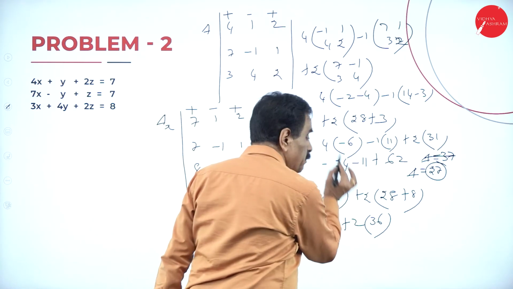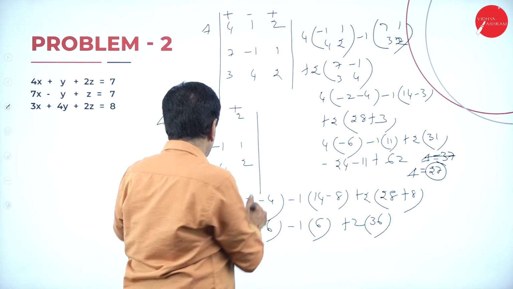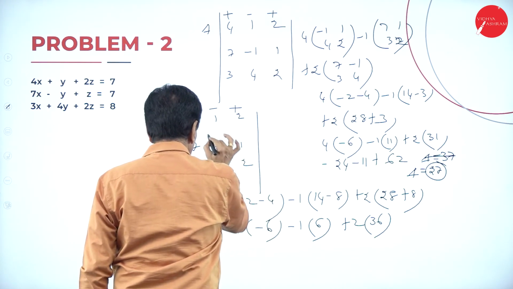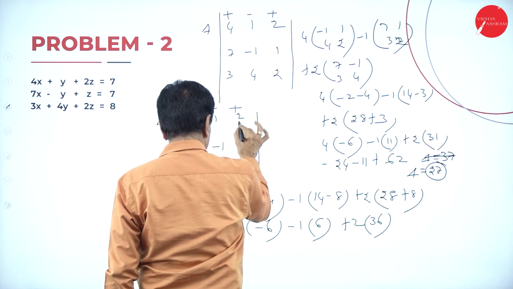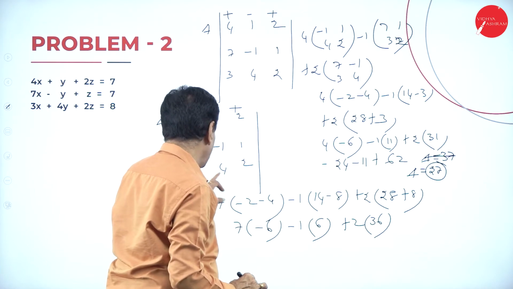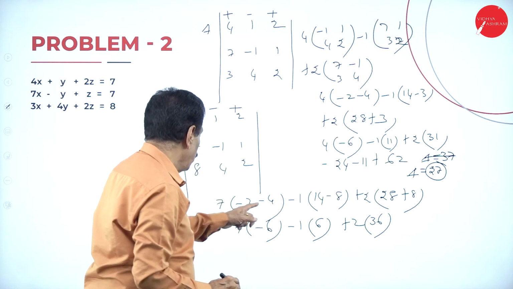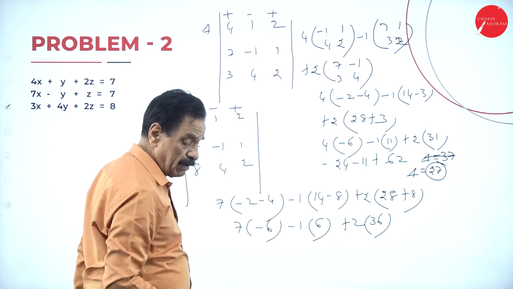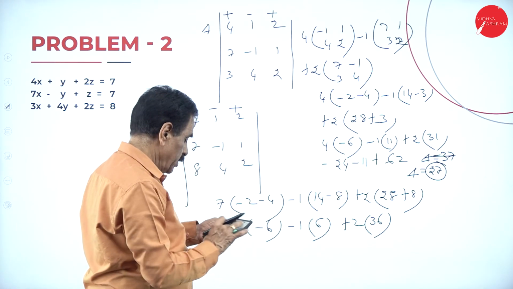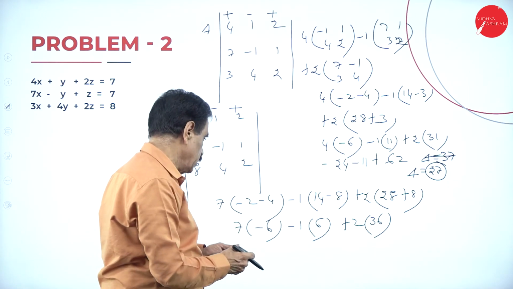Then third one, plus 2 is there. Then this will go and this will go. This plus 2, this will go and this will remain. 7 4s are 28. 8 1s are minus 8 become plus 8. 4 2 minus 6, 7 6 are 42. 7 into 6, 42.